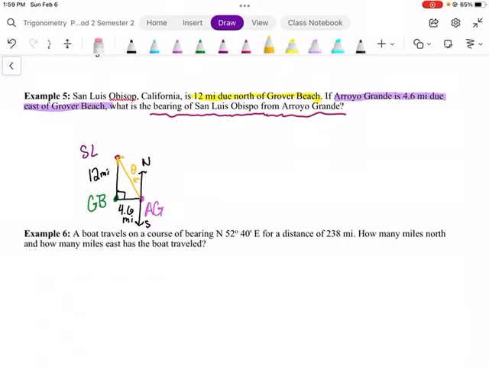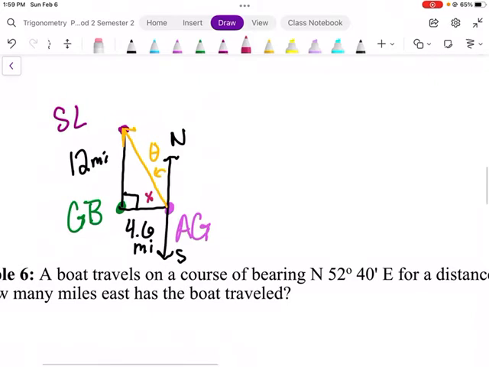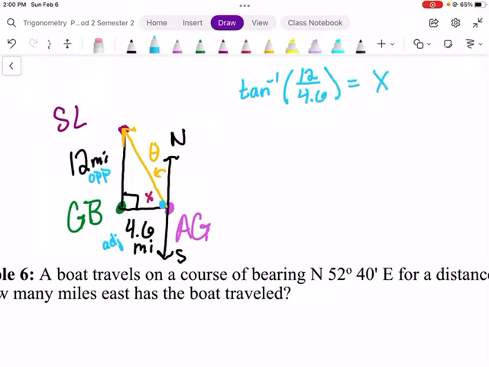In order to figure out what that is, we can use this right triangle we've drawn to find this angle, and we'll use that to then find theta, which will be our bearing. Using that angle down here, we have the opposite side and the adjacent side. So we're going to use the inverse tangent of 12 over 4.6, and that's going to give us what x equals.